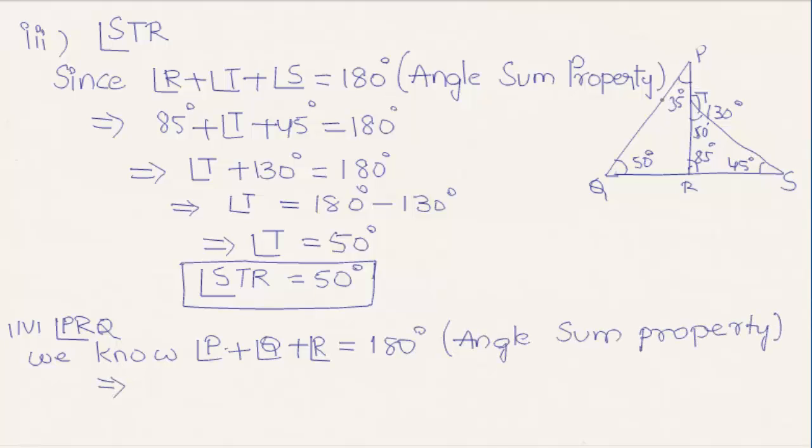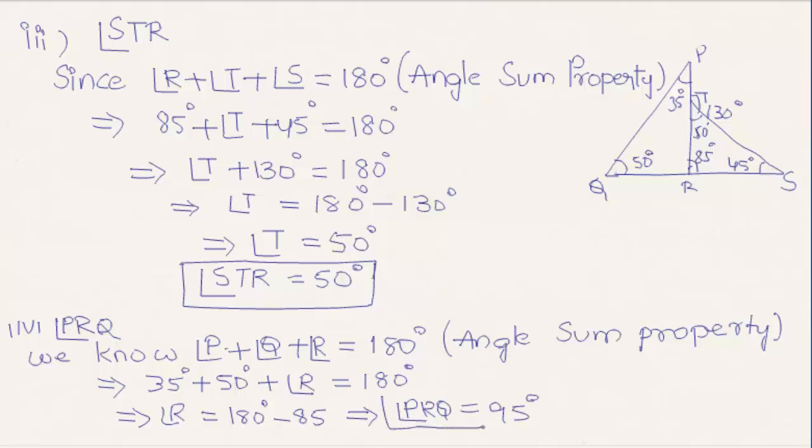So here, by substituting the values of angle P 35 degrees plus angle Q is equal to 50 degrees plus angle R, which is equal to 180 degrees. By transferring the other values except R to the right hand side, we get angle R is equal to 180 degrees minus 85 degrees. We get angle PRQ, which is equal to 95 degrees. So let us mark this on the figure. Angle R is equal to 95 degrees.